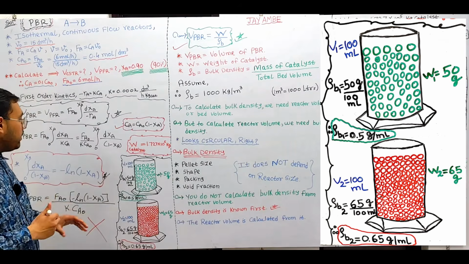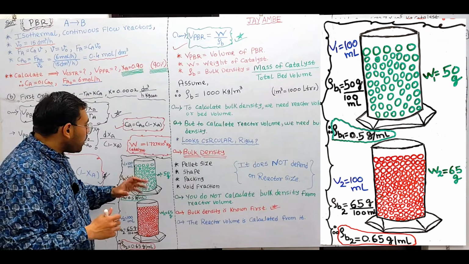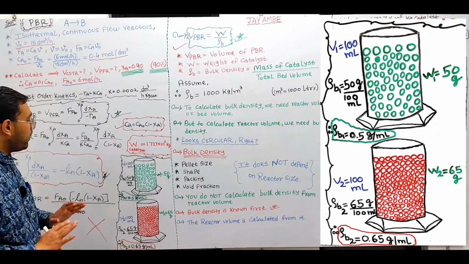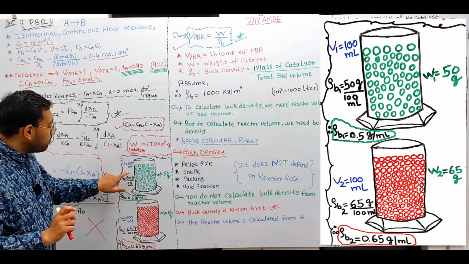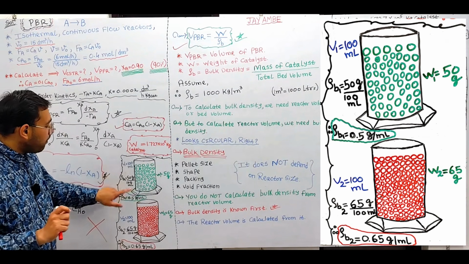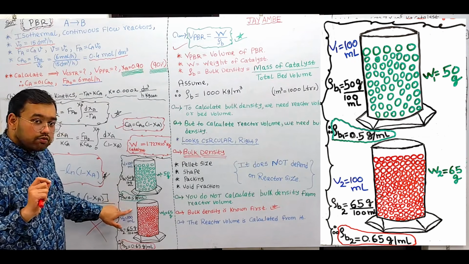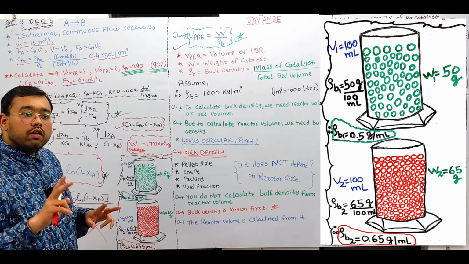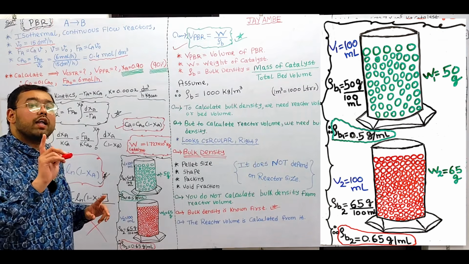Now, in order to understand bulk density, I will make it very simplified. For both cases we are using the same 100 ml volume of measuring cylinders. Now remember this, we are using the same spherical catalyst.